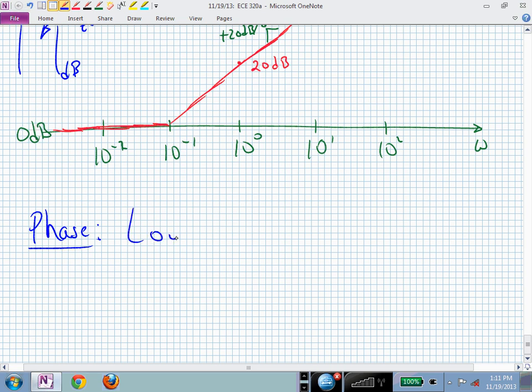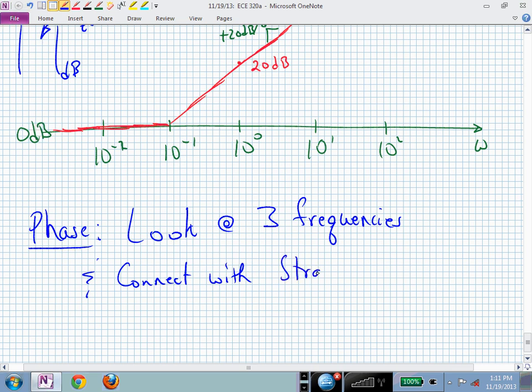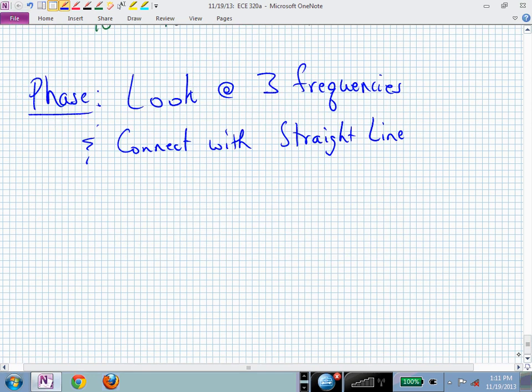To find the phase for these linear factors, we're simply going to look at three frequencies, and now you know what those frequencies are going to be. In fact, we're going to be flat, then we're going to slope, and then we're going to go flat again.